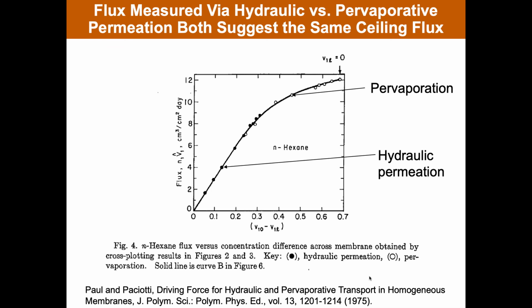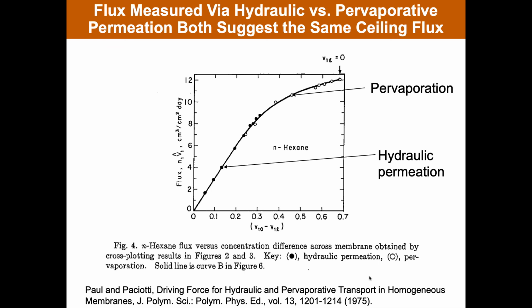And all of these experiments with the solid circles were done with hydraulic permeation, and this line bending over towards the sealing flux was calculated based on data from hydraulic permeation. From pervaporation, you can work backwards along the same line.